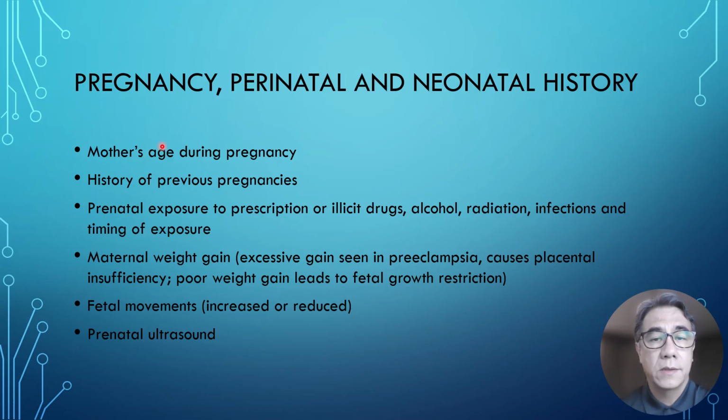And during pregnancy, during birth, and shortly after birth, take note of these factors: the age of the mother during pregnancy, the other previous pregnancies, how they went along, if there's any prenatal exposure to prescription or illicit drugs, alcohol, radiation, infections, and the timing of exposure as to what gestational age the fetus might have been exposed to.